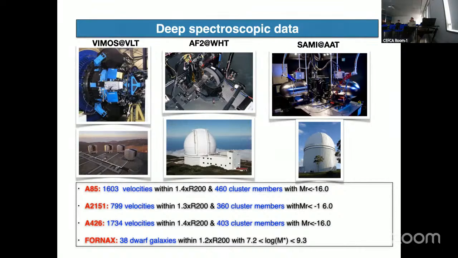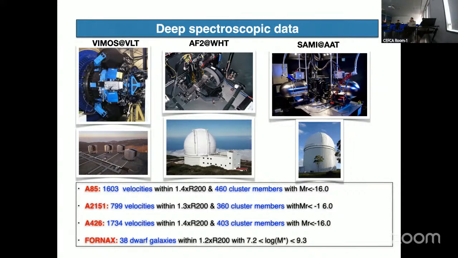For Hercules and Perseus, we used the William Herschel Telescope with AF2, and for Abell 85, we used the VLT with the VIMOS system. In all of these clusters, especially the first three, we have thousands of galaxies with velocities. We observed the cluster out to 1 virial radius, and hundreds of these thousands of galaxies turn out to be cluster members.